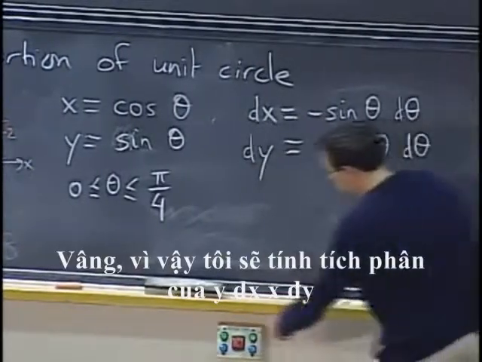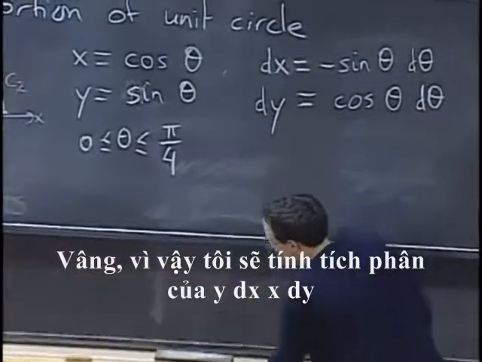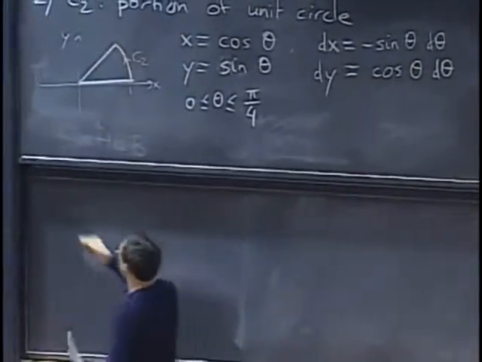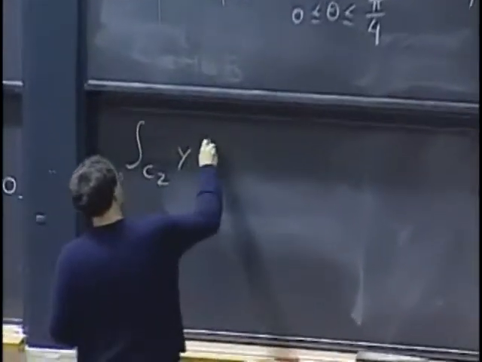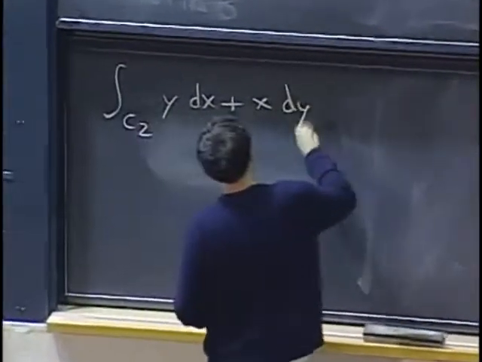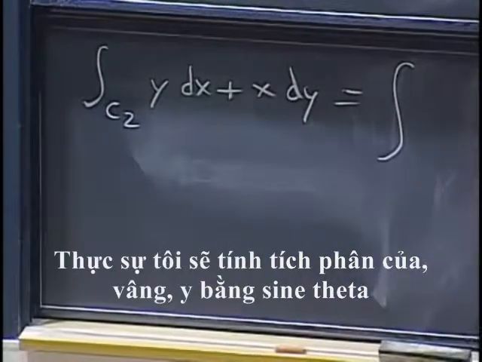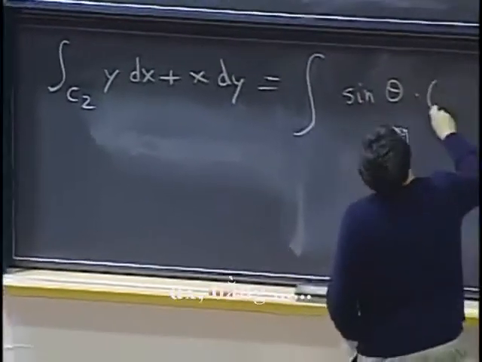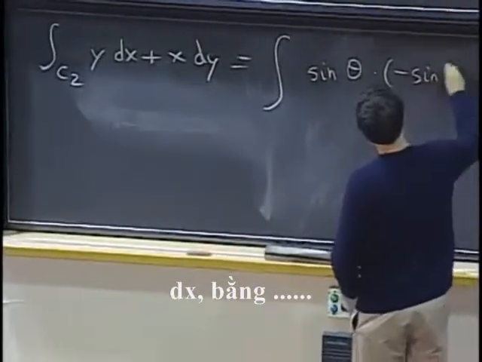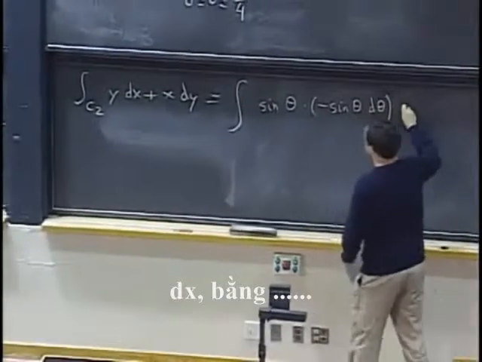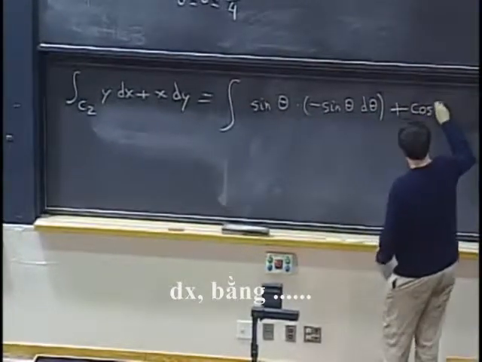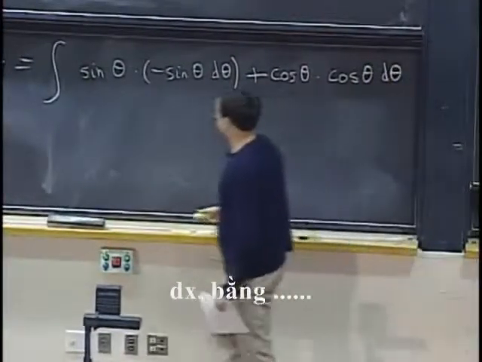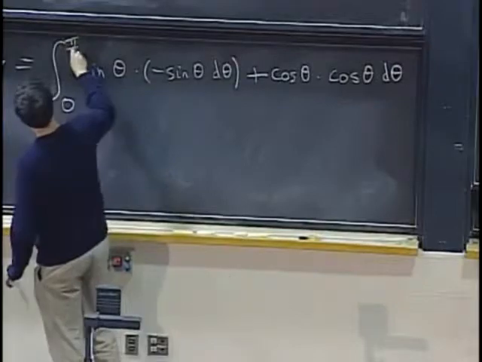So I'm computing the integral of y dx plus x dy. That means I'll be actually computing the integral of, so y is sine theta, dx is negative sine theta d theta, plus x is cosine, dy is cosine theta d theta, from 0 to pi over 4.